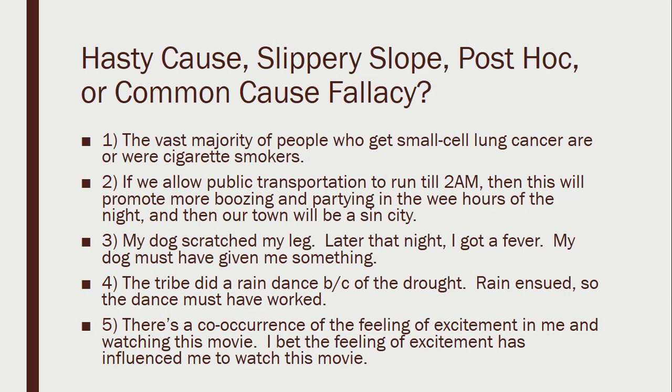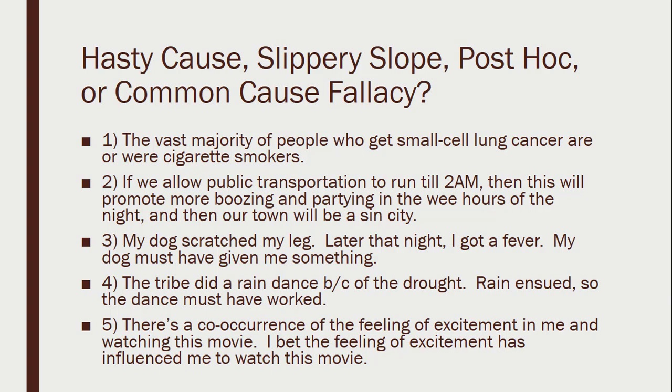Let's look at the third. My dog scratched my leg. Later that night, I got a fever. My dog must have given me something. So this is very much making an indication about time. My dog scratched my leg. Later, I got a fever. So then there's an inference, well, since one happened before the other, what happened first must have caused what happened later.